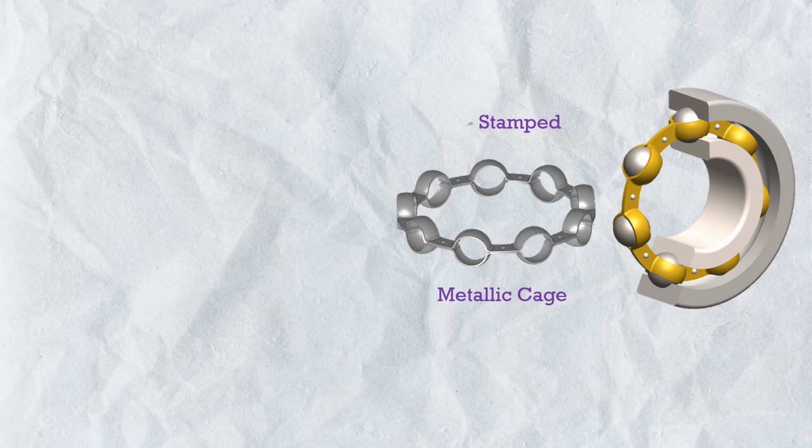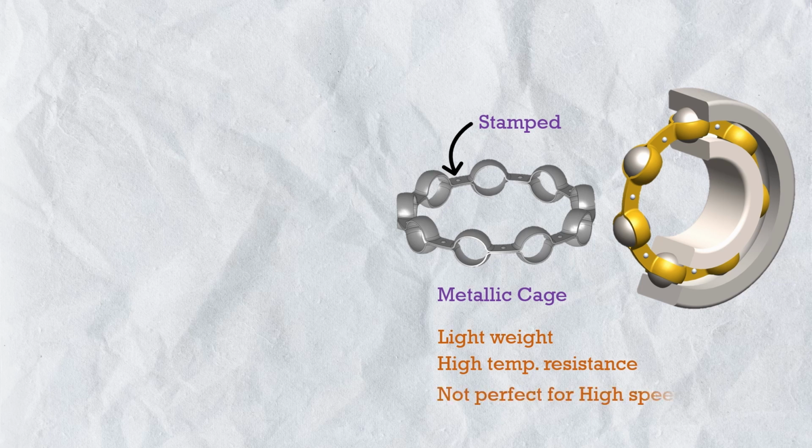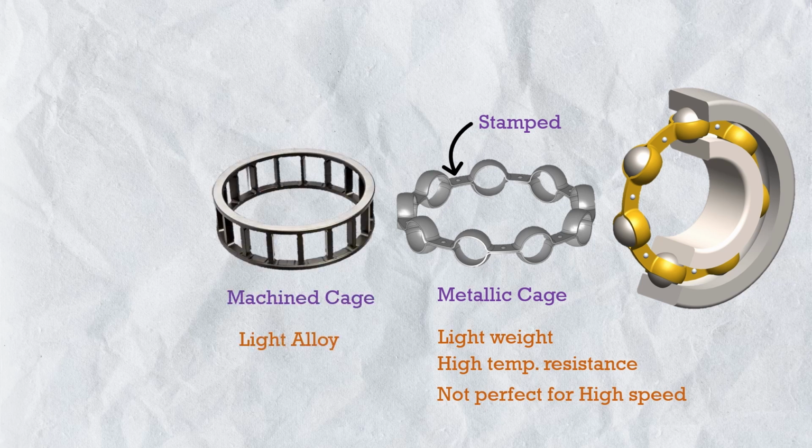And there are mainly three types of cages. Metallic cage, stamped metallic cage. Metallic cages are lighter in weight and can withstand high temperature. But the metallic cage is not perfect for high speed. So for high speed, machined cage material like brass or alloy is more suitable, and it can also withstand high temperature up to 120 degrees centigrade.